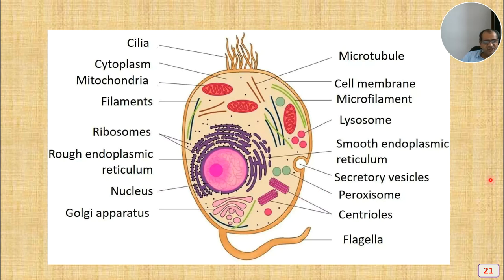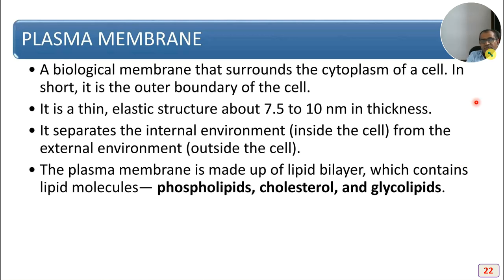And we have seen all these things whenever we look at the cell of an amoeba. Then the plasma membrane of a cell is the biological membrane that surrounds the cytoplasm of a cell. In short, it is the outer boundary of the cell. So why is it called the plasma membrane? Because it is very thin in structure when compared to the plant cells.